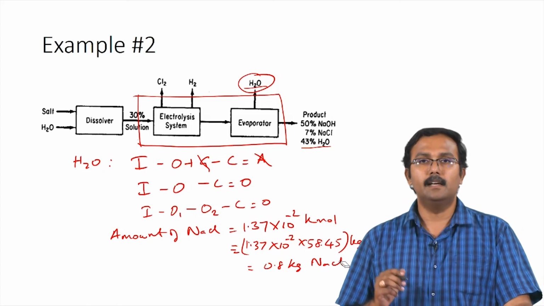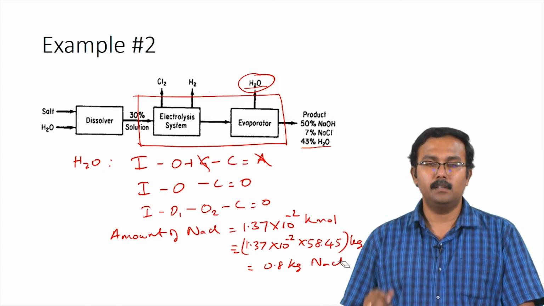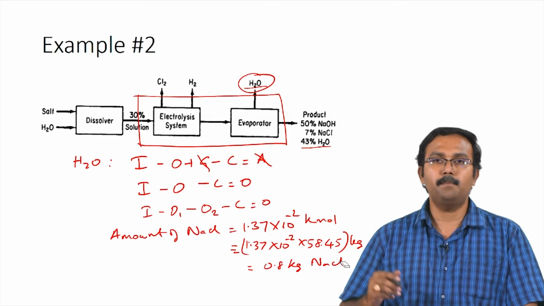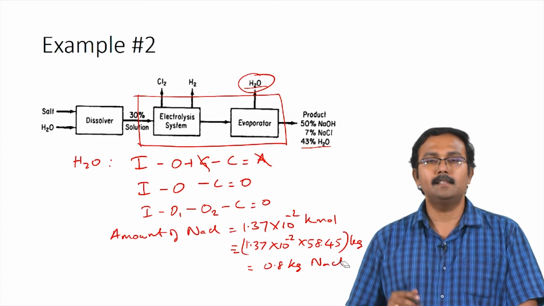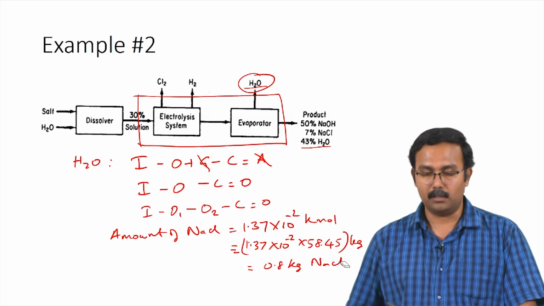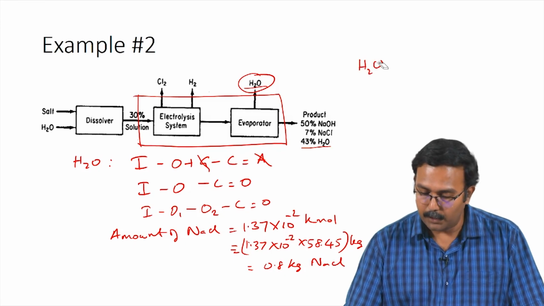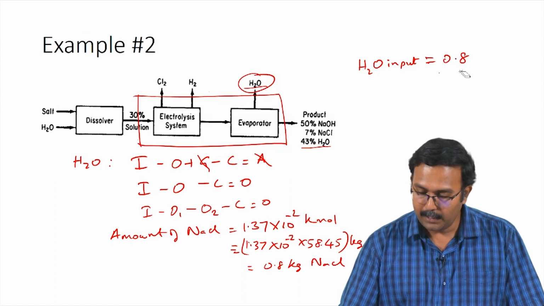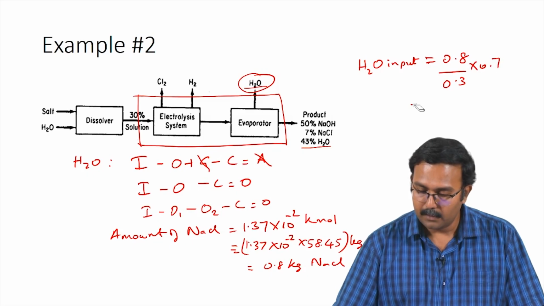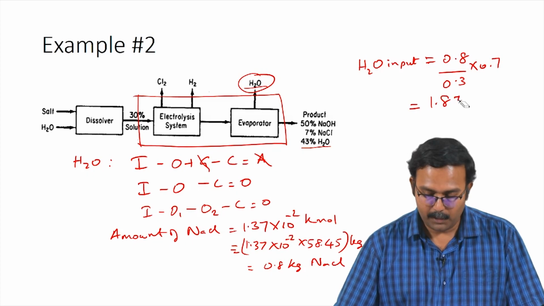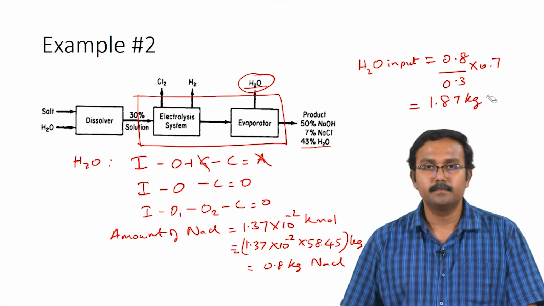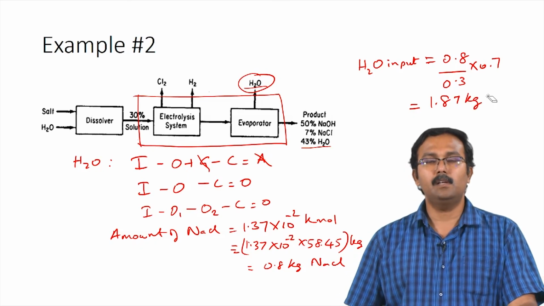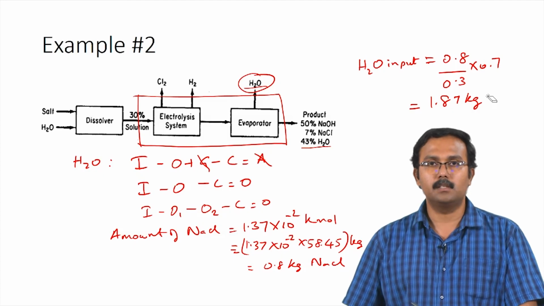We know that the stream which is entering into the electrolysis system is 30% NaCl, which means the remaining 70% would be water. So, water input to the system would be equal to 0.8 divided by 0.3 times 0.7, which is 1.87 kilograms. So, with this we can calculate the amount of water entering into the system.